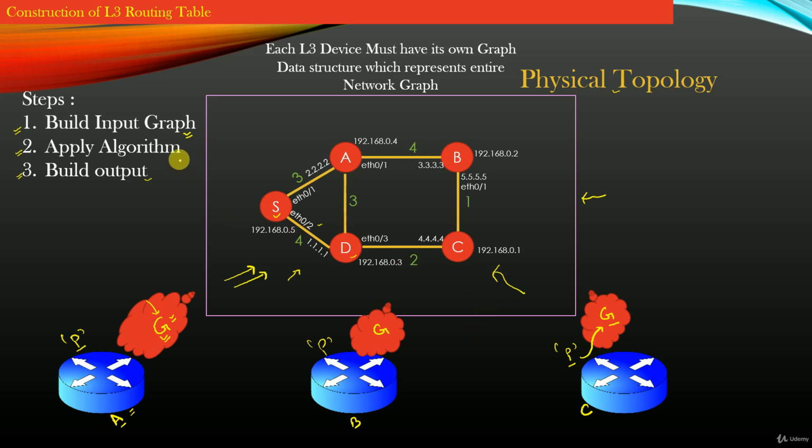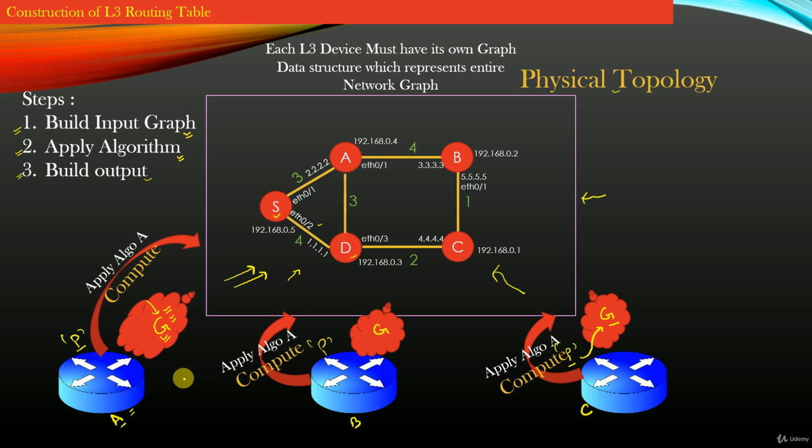Then the second step that each routing device does is to apply the algorithm on the input graph data structure which it has built in its local memory. Right? Now this algorithm is a networking-oriented algorithm, meaning that it applies on a graph which represents a network topology, and the output of this algorithm is something which is used in networking.